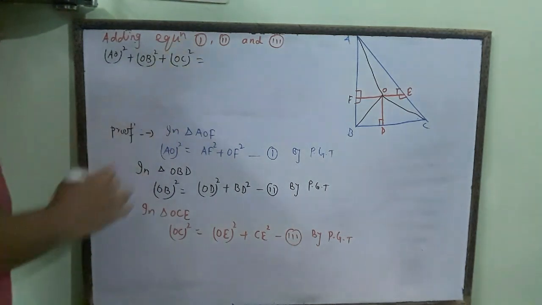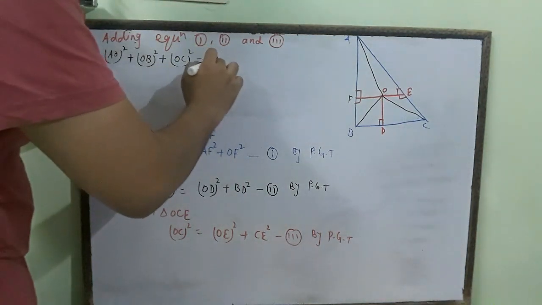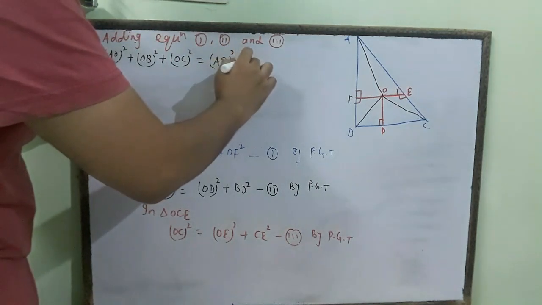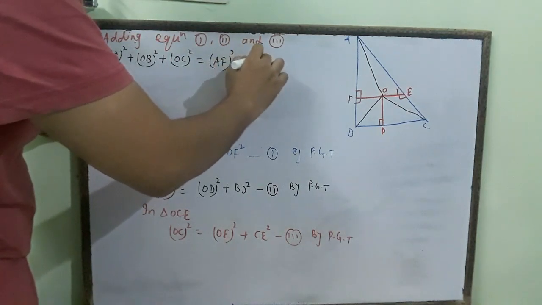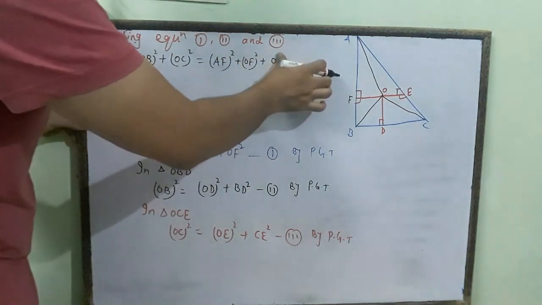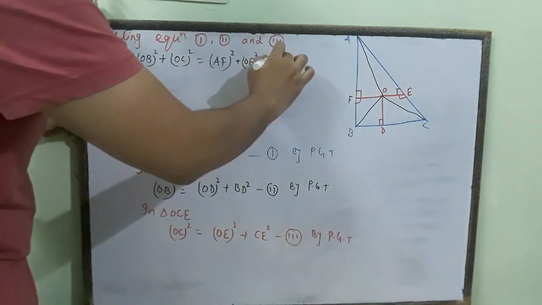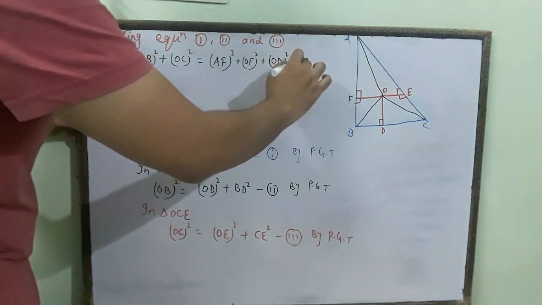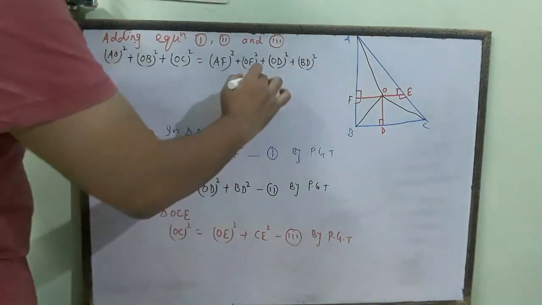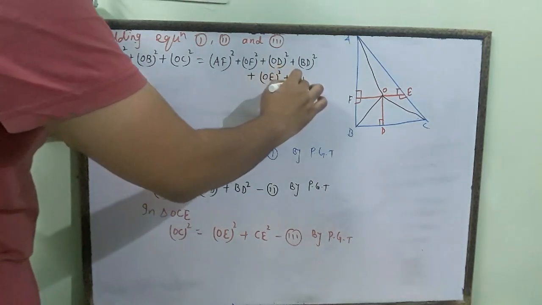So AO square plus OB square plus OC square will be AF square plus OF square, again on the RHS OD square plus BD square, and the third is OE square plus CE square.